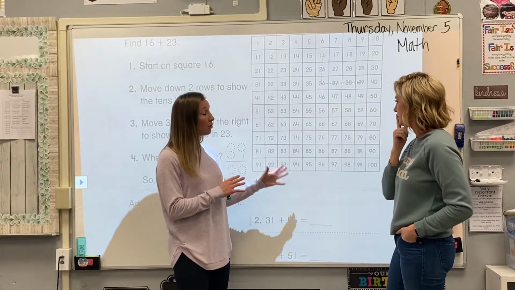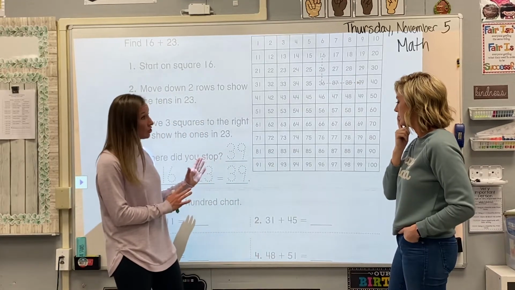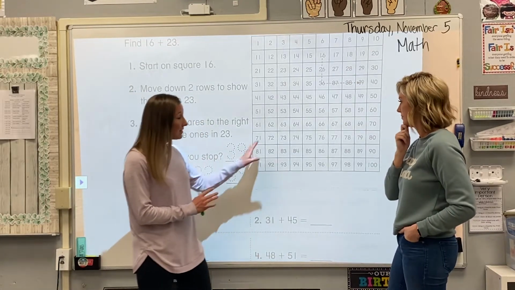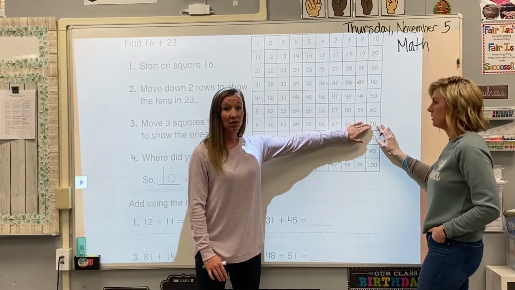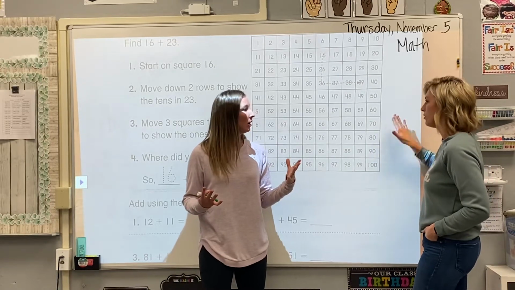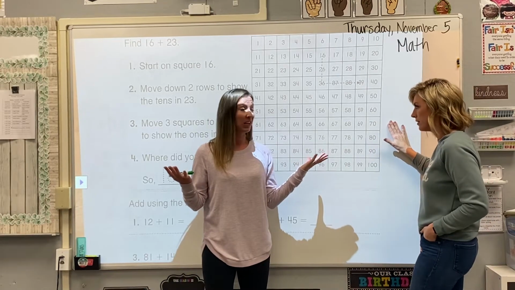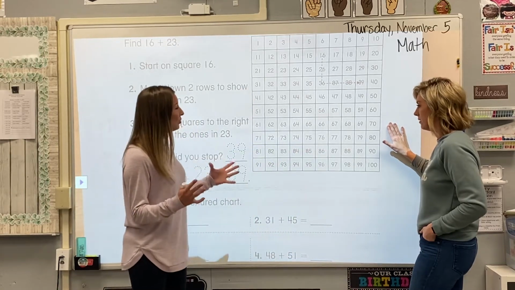Okay. All right. Now there's one really important thing that second graders have to know about this hundreds chart. What? Let's say that I'm at the end of a row, 70. I'm at the number 70 and I want to add 1 more. There's nothing to the right. How do I add 1 more? Could we give up? No. No, we don't give up. What could we do to add 1 more?